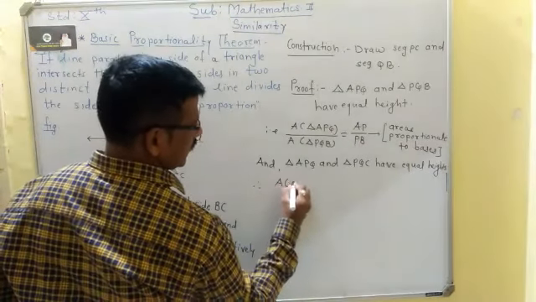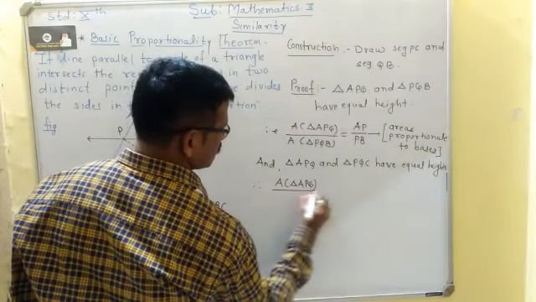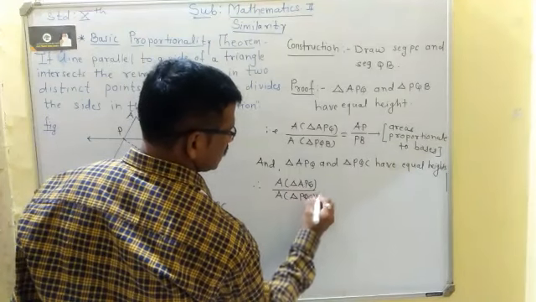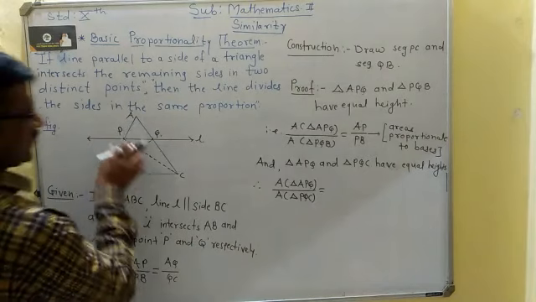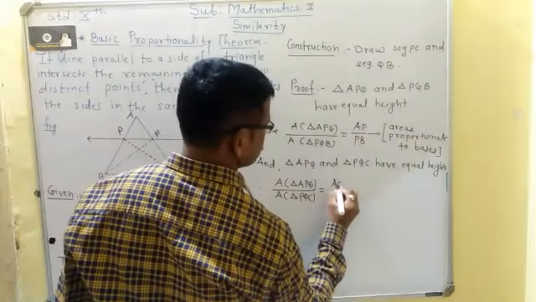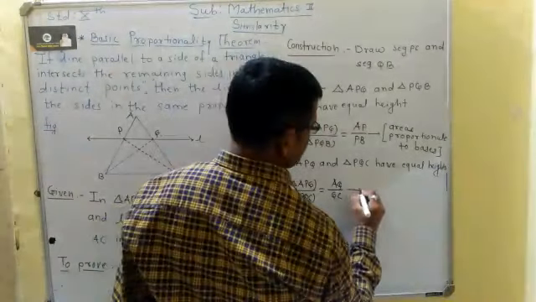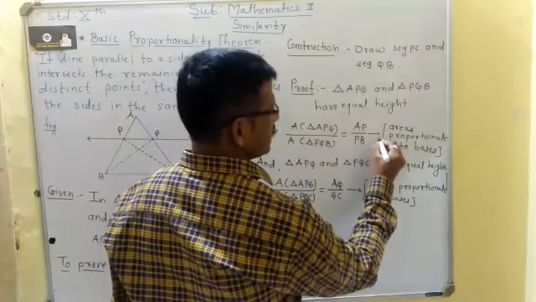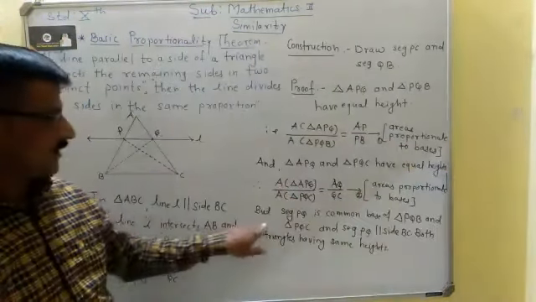That means area of triangle APQ upon area of triangle PQC is equal to AQ upon QC. The reason: again, areas are proportional to bases. Give this equation number first, and this is equation number second.